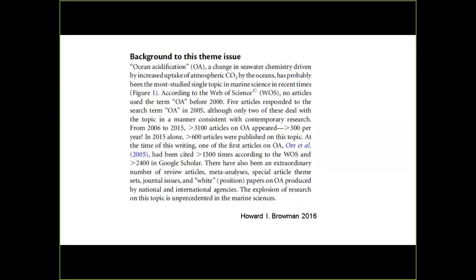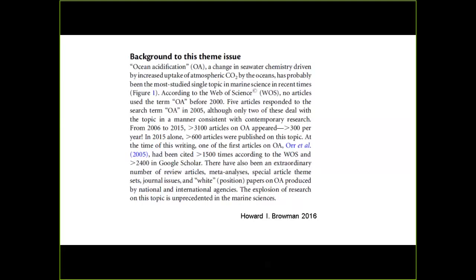Five articles responded to the search term OA in 2005, although only two of those dealt with the topic in a manner consistent with contemporary research. From 2006 to 2015, 3,100 articles on ocean acidification appeared. It's 300 per year. In 2015 alone, more than 600 articles were published on this topic.